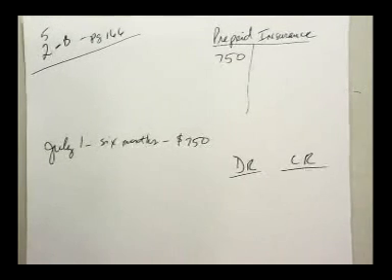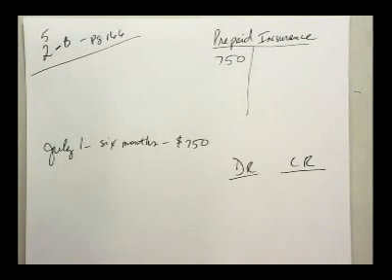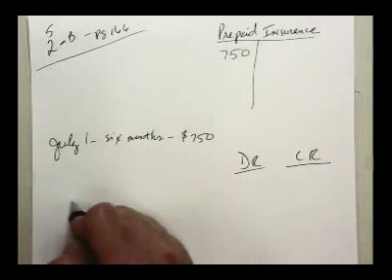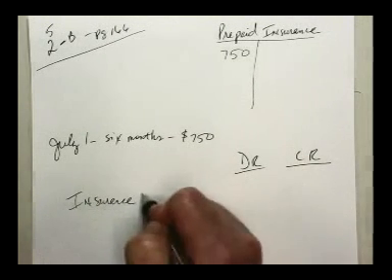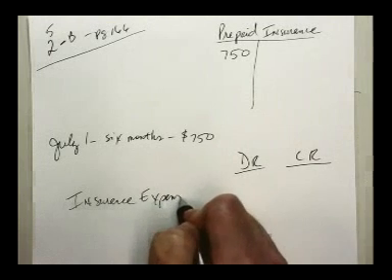So, first of all, let's look at the accounts that are affected. What do we say? Anything prepaid or any asset that expires becomes what? An expense. So I will debit insurance expense every month as it expires.